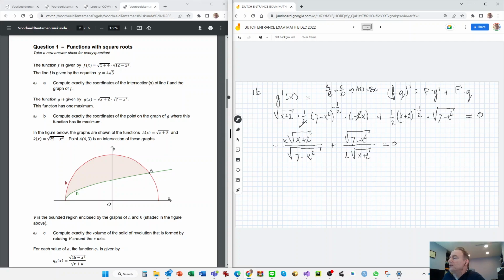So I bring this to the right and I just do this cross multiplication. Then I'll get 2x times x plus 2 has to be equal to 7 minus x squared. So I get a quadratic equation.